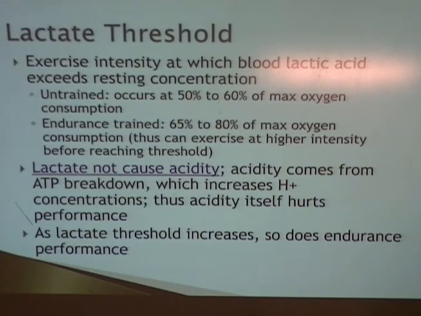So it's the hydrogen accumulation, the acidity that hurts performance, not lactate or lactic acid like we get told all the time. Right? Oh, your muscles are sore because of lactic acid. Oh, you're slowing down because of the lactic acid buildup in your muscle. No, you're not. No. Because lactic acid turns into lactate and gets dumped into the bloodstream. It's not sitting in the muscle getting in the way, right? It's the hydrogen ions that are causing the problem.